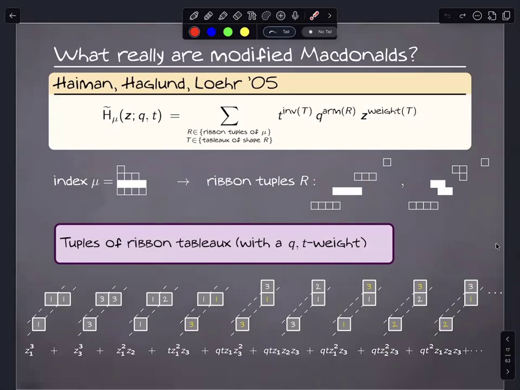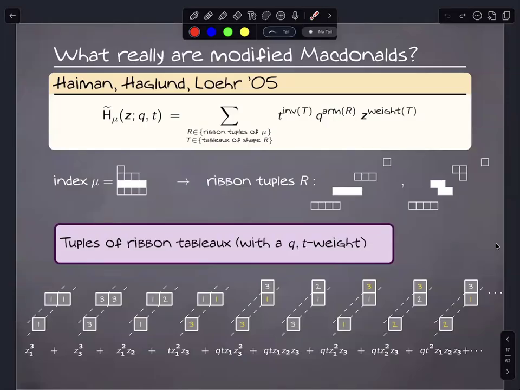And the arm says, well, if I look at this tuple, how much did we wiggle the shape? If you take this tuple, the arm is 0, but when you start bending your arm, you get a contribution of Q. It's not important the precise details, just that you understand that Macdonald polynomials, modified Macdonald polynomials, are quite simple to write down.